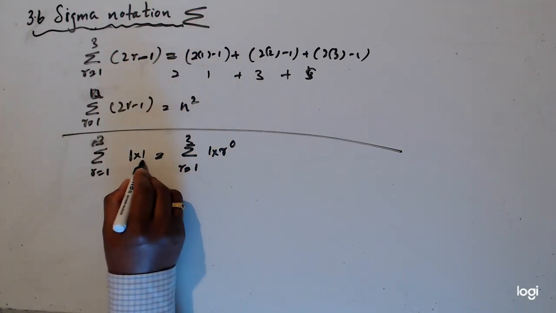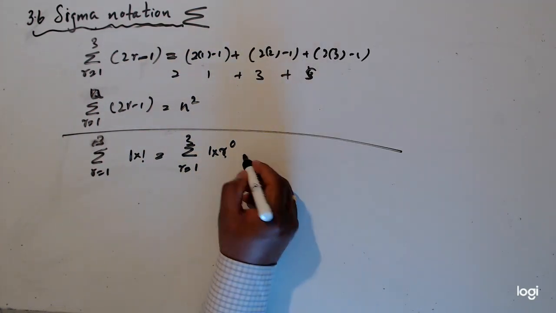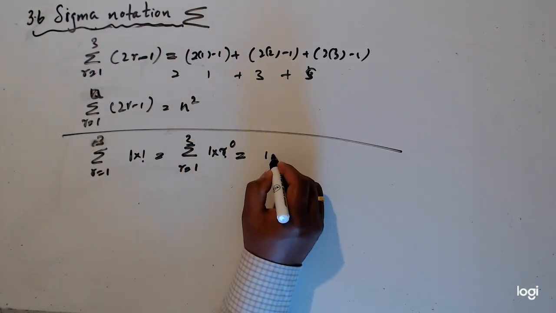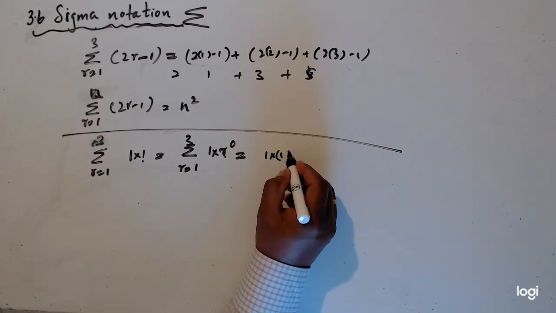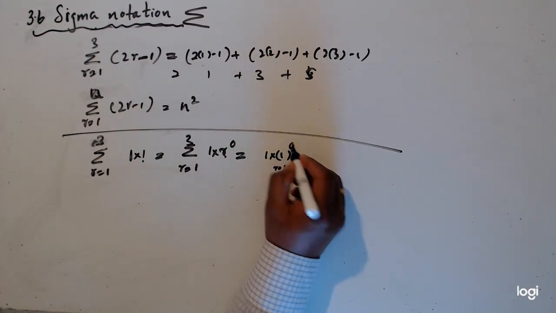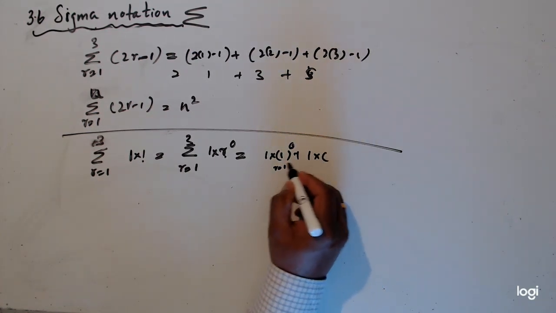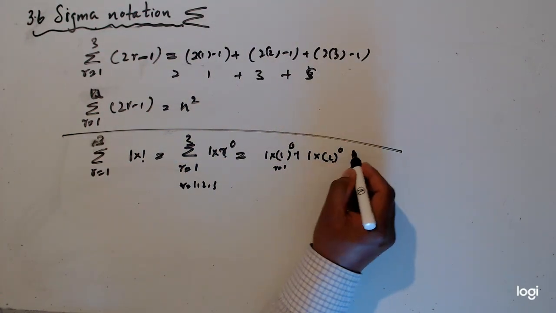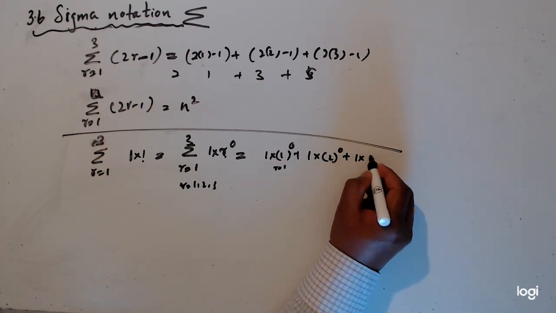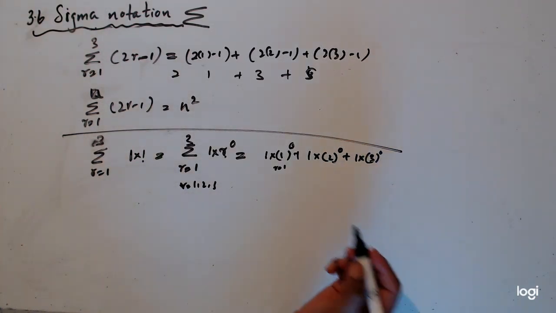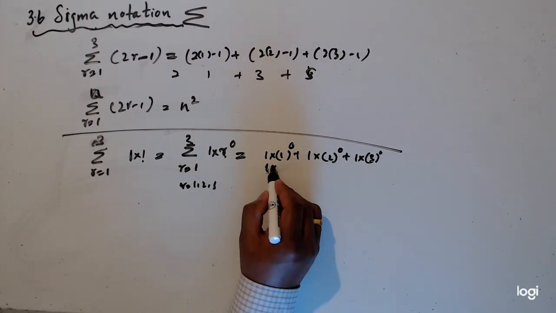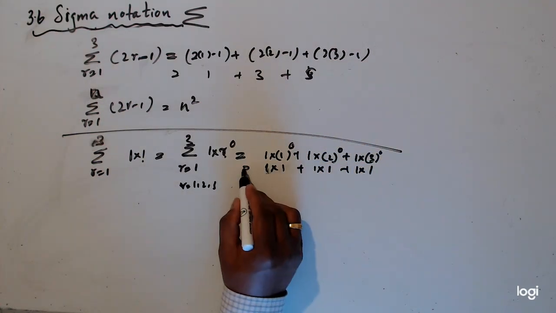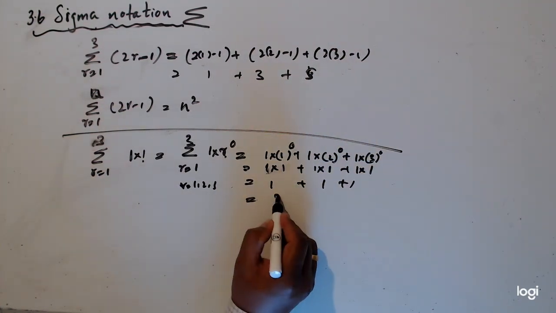So this 1 I turn into r to the power 0. For r values 1, 2, 3: 1 times 1 to the power 0, 1 times 2 to the power 0, then 1 times 3 to the power 0. So this is 1 plus 1 plus 1, that is 3.